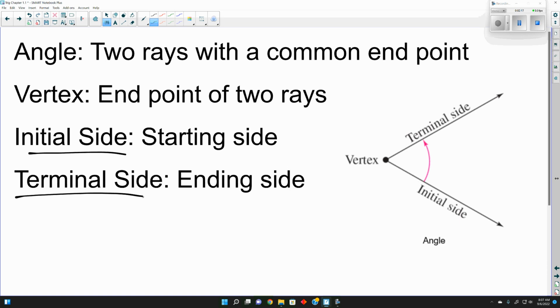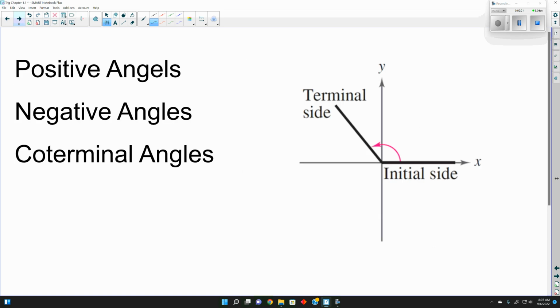Any questions on this here so far? And this here is just a picture of an angle. Now, we have these three definitions here. We have a positive angle, a negative angle, and the coterminal angles. Now, we consider an angle to be positive if it's going clockwise on the axis here.